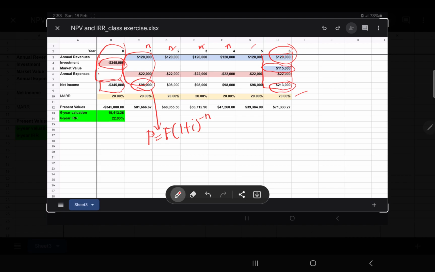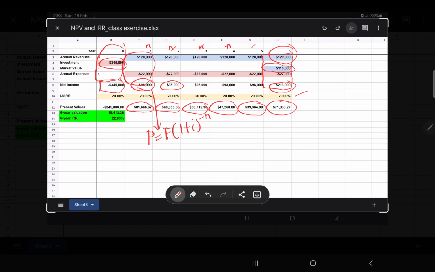So this is the present value for year 1. For year 2, transform this 98K again into present value. Year 3, the same, and so on.